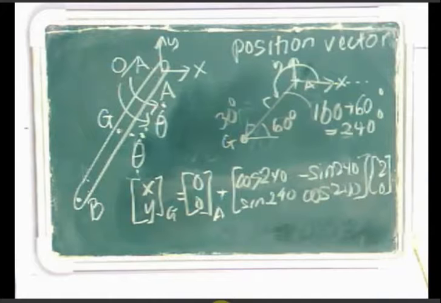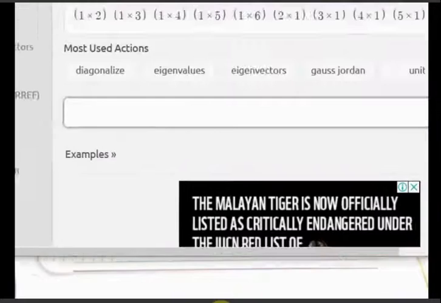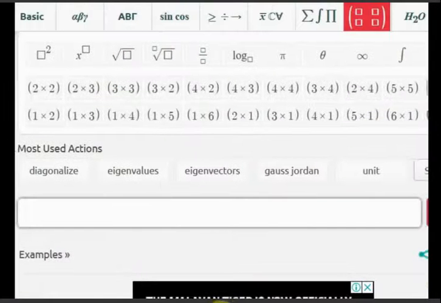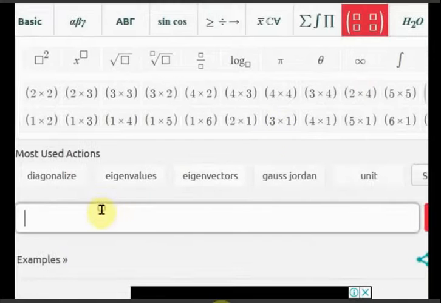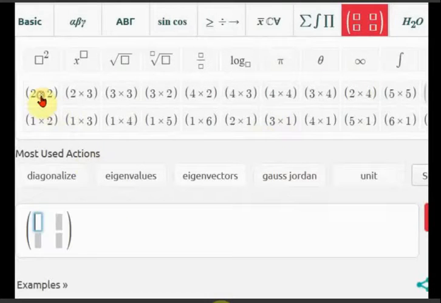So I'm going to use the Symbolab matrix calculator. I share with you the website here. I just use the matrix 2 by 2.